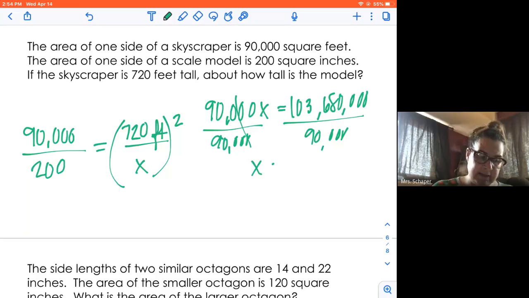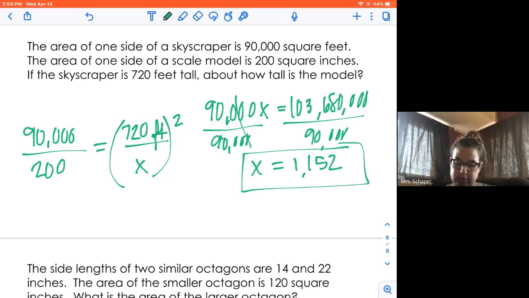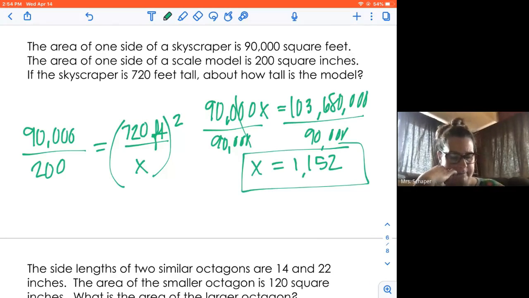So X equals 1,152. That doesn't make sense. It can't be more.